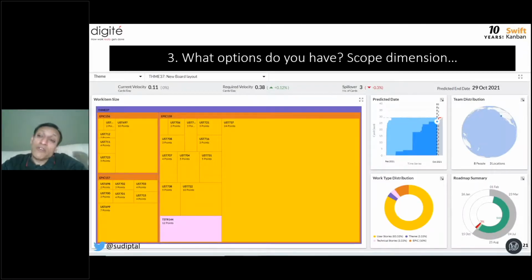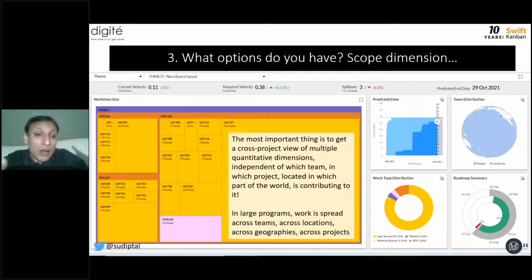If that doesn't work for you, or only works to a limited extent, then you need to look at your scope dimension. You look at your scope and say, in this theme I have so many epics, so many stories, and these stories are so much size. What can I take out of this to make sure I'm able to meet the date?